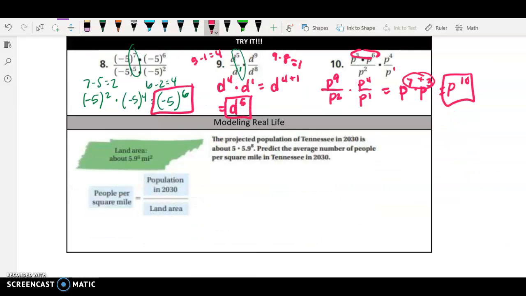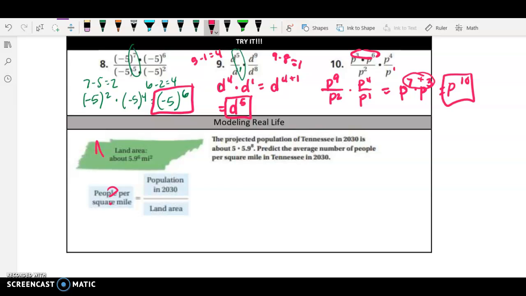The projected population of Tennessee in 2030 is about 5 times 5.9 to the 8th. Predict the average number of people per mile in Tennessee in 2030. So the people per square mile, which is what we're trying to find, we don't know this yet, is equal to the population in 2030 over the land area.